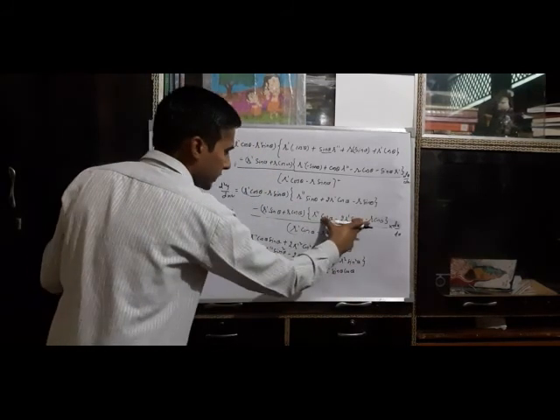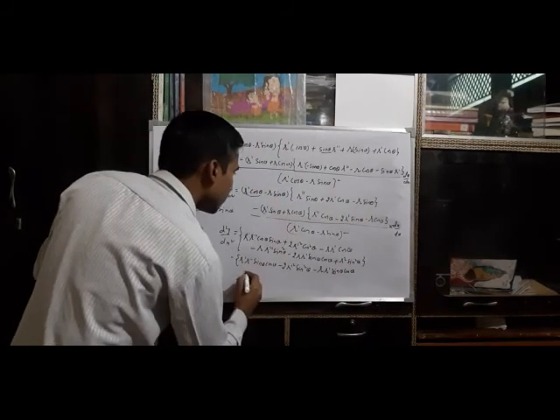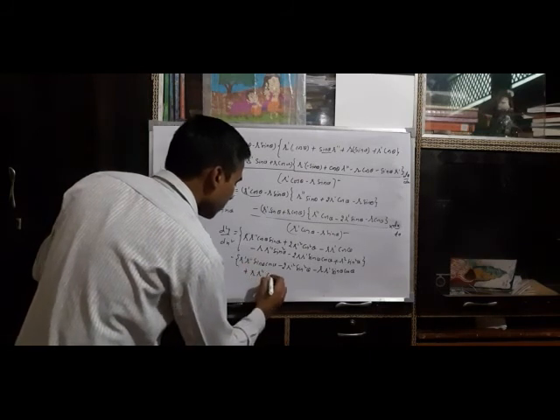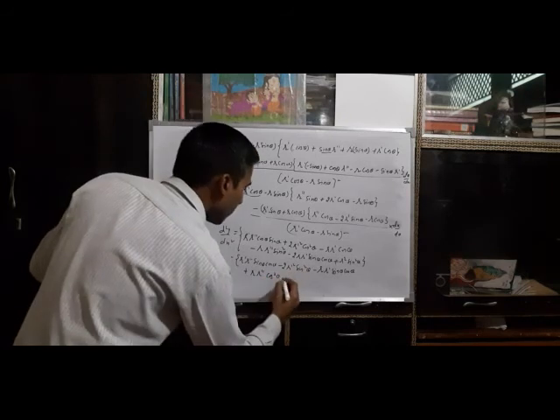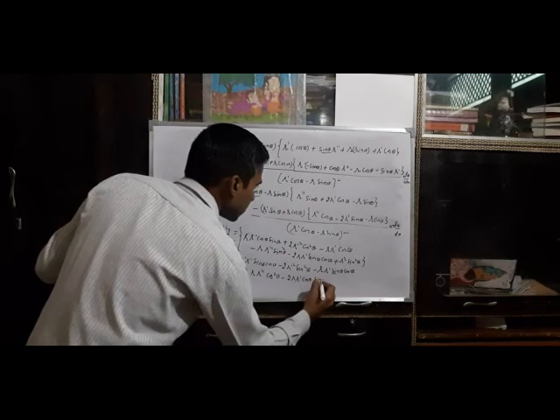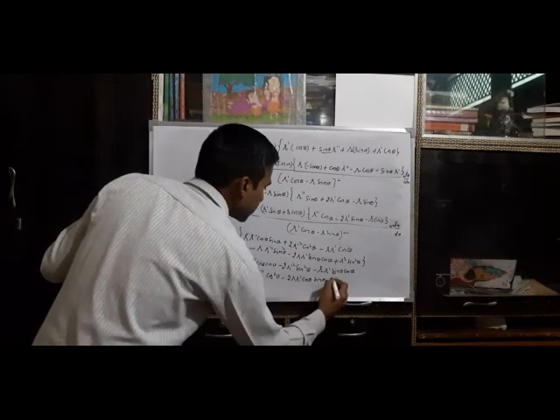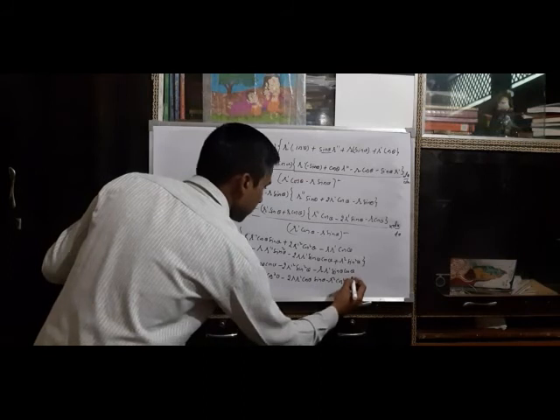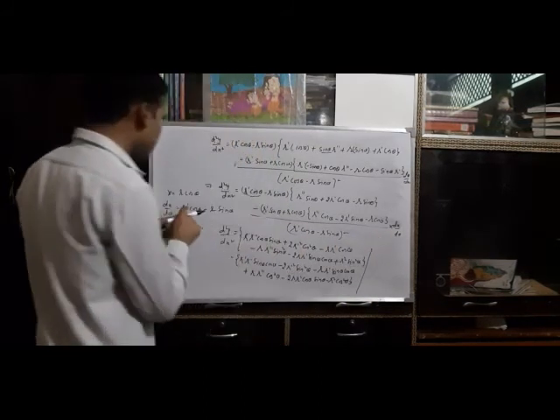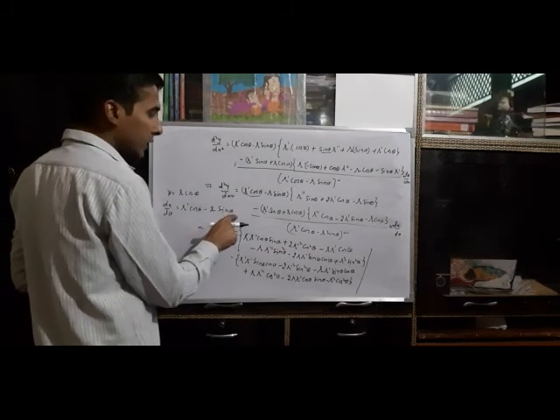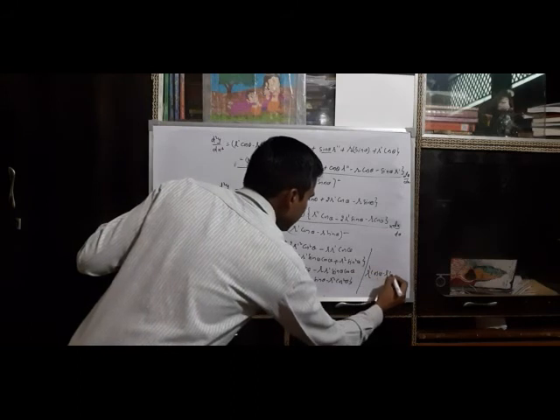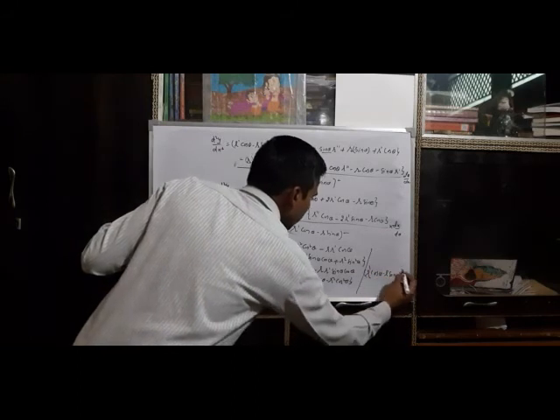Now multiply whole this expression with these terms, we get plus r prime cos square theta minus 2r prime cos theta sin theta, and minus r square cos square theta. Now whole thing is divided by dx by d theta, which is r prime cos theta minus r sin theta, so it will become r prime cos theta minus r sin theta raised to power 3.